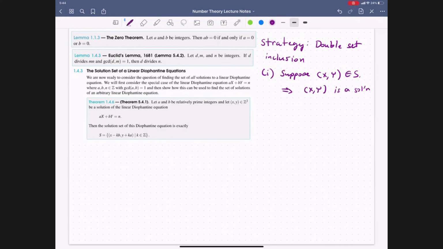So that's one approach. The second approach is to pick any solution. Let x, y be any integer solution to the Diophantine equation.